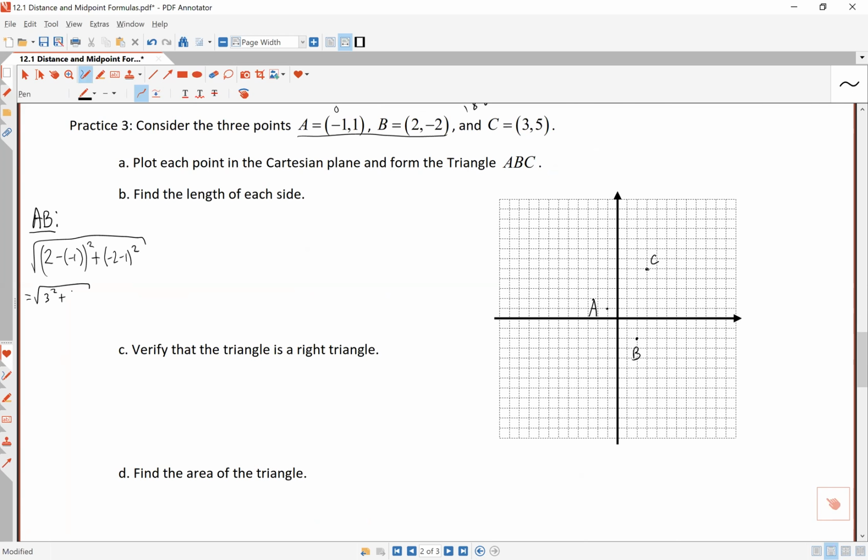Negative 2 minus 1 is negative 3 squared, which is 9. So the square root of 9 plus 9 is the square root of 18, which is 3 radical 2.